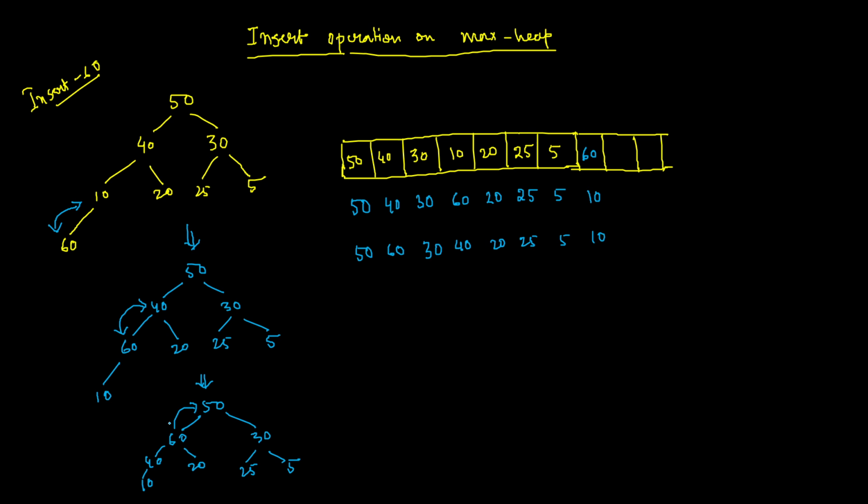But we can see that again we are violating the rule, so we will have a swap between 60 and 50. Ultimately 60 will come here and 50 will come here, then 30, 40, 20, 25, 5 and 10.